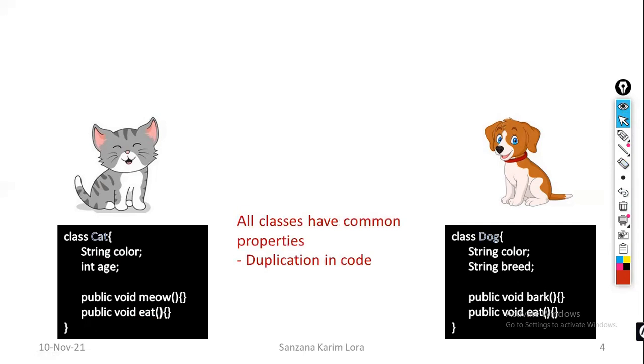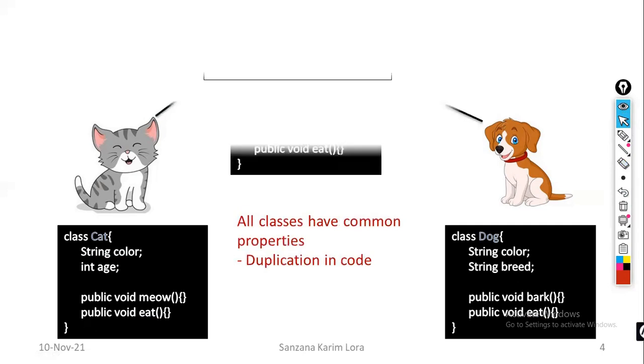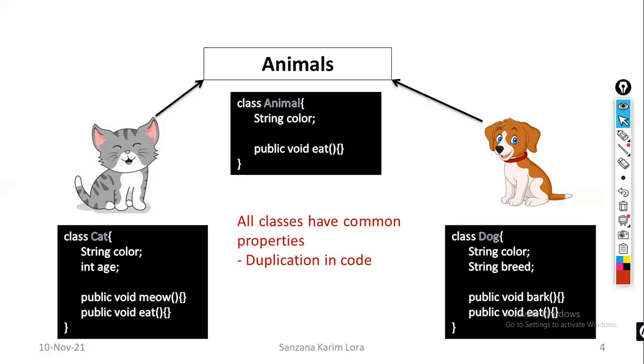For this reason, we can create a class of animals which represents the common properties of animals. Here, for our case, we have string color and the eat method. As I have defined an animal class in my application, we can remove string color from the cat class and string color from the dog class.